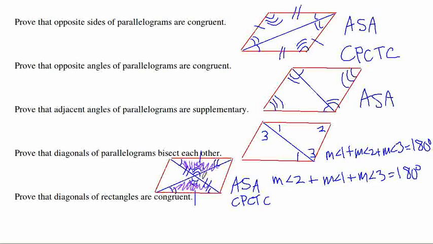That side has to be congruent to the other side I just drew, and this side that I'm drawing right now has to be congruent to this other corresponding side. So therefore the point of intersection divides each diagonal into congruent pieces. Therefore, we've proved that the diagonals of parallelograms bisect each other.